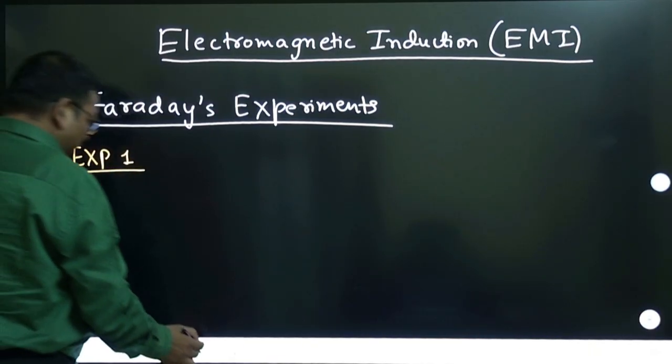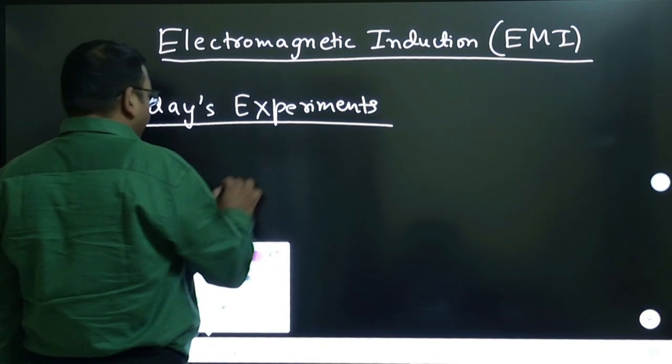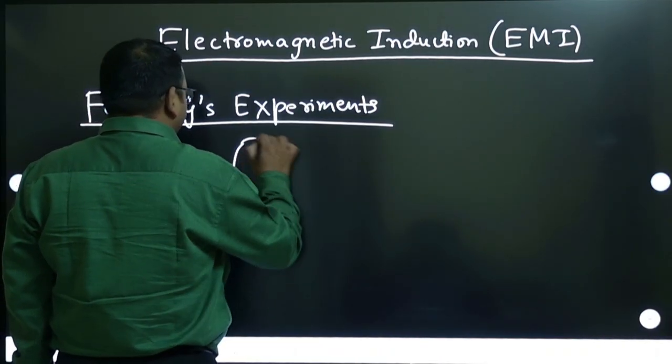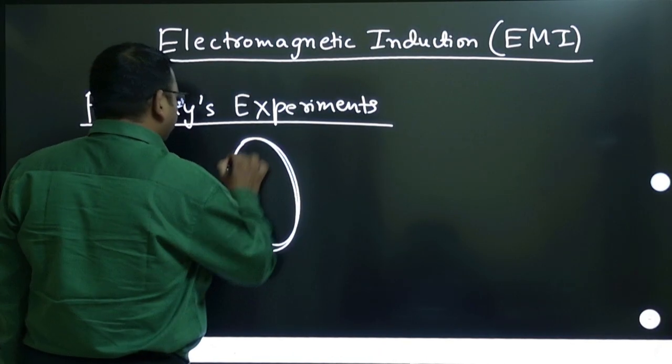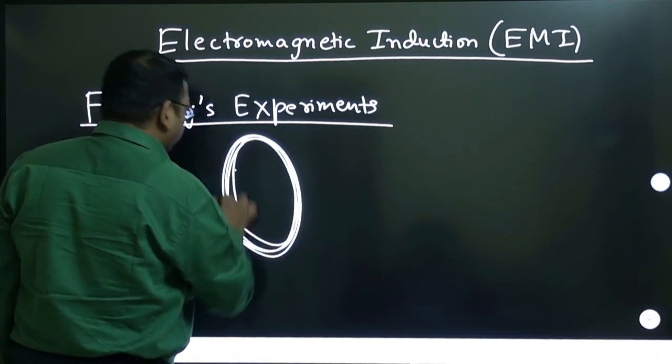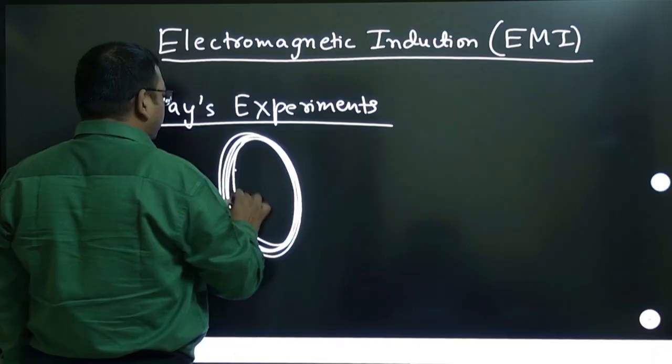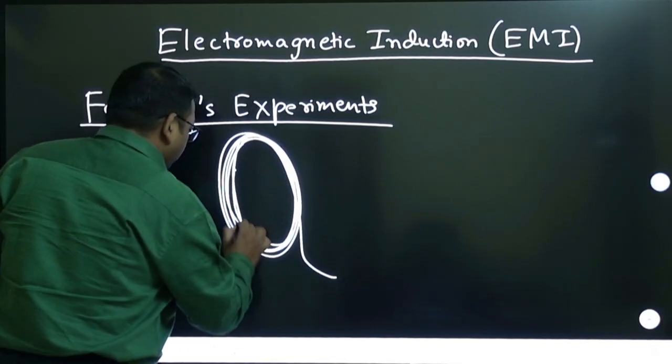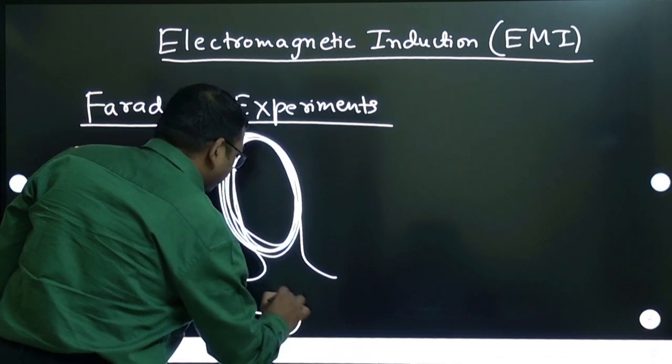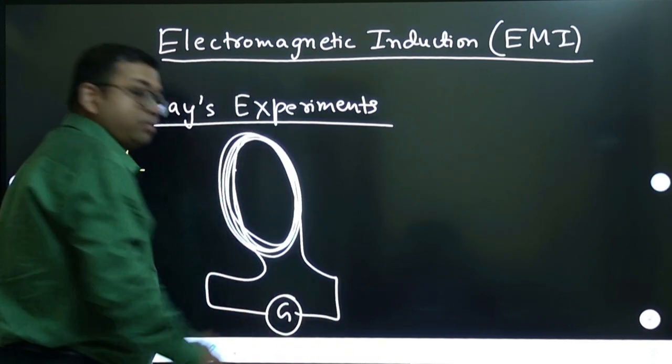Experiment one: what happens is that there is a coil. It is considered that this is a circular coil and it can have many turns, and it is connected with a galvanometer.